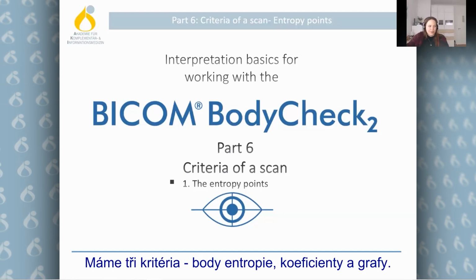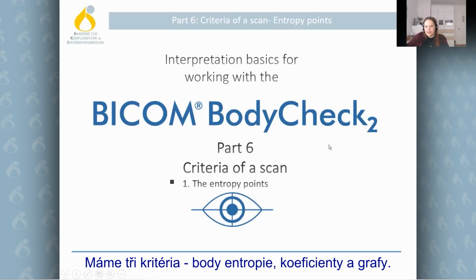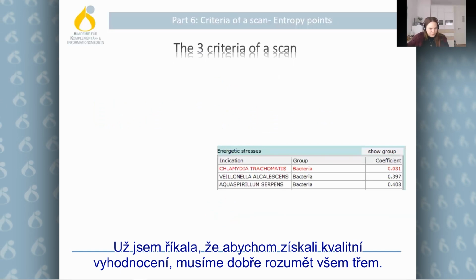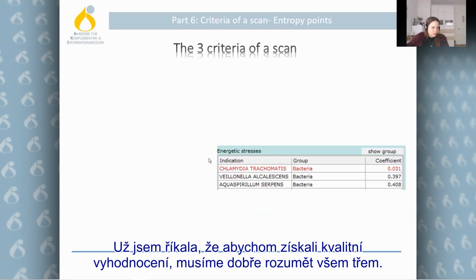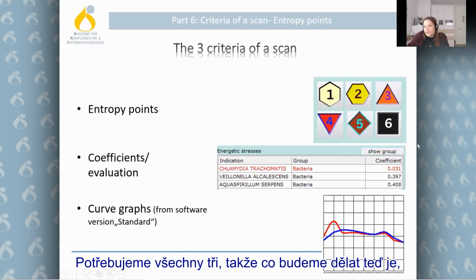Criteria of the scan. So we have the three criteria: the entropy points, the coefficients, and the graphs. I told you before that we have to bring them all together to get a really good evaluation. So we need all three of them.